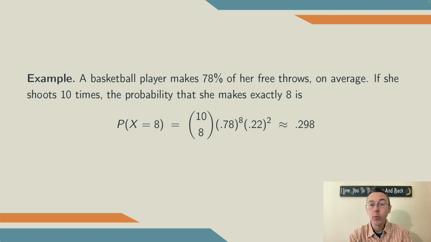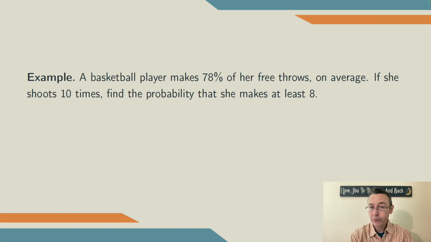So the probability is 10 choose 8 times the probability of success on an individual trial, 0.78 to the 8th power, times 0.22, the probability of failure on an individual trial, to the 2nd power. So again, we need 8 successes and 2 failures. Overall, we get 0.298.